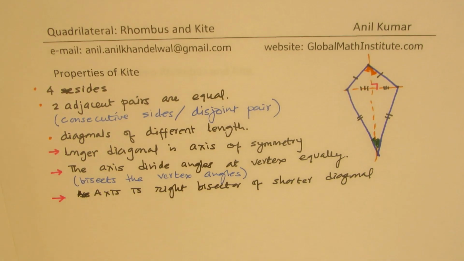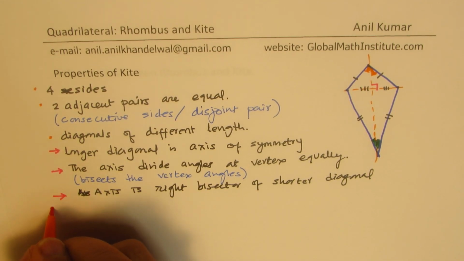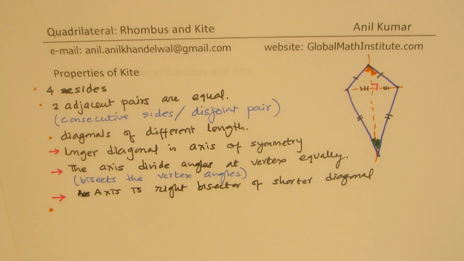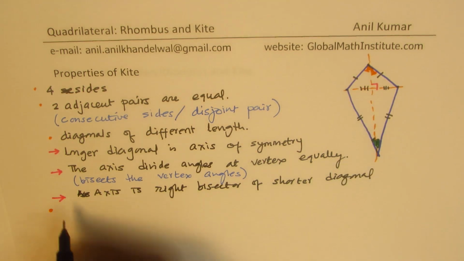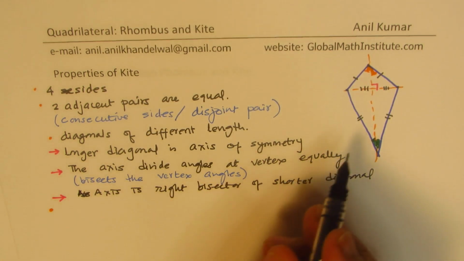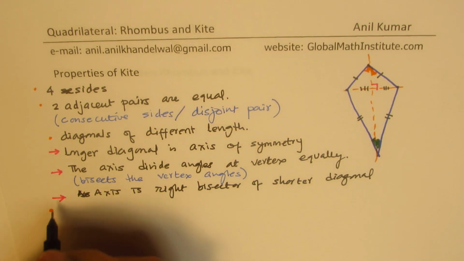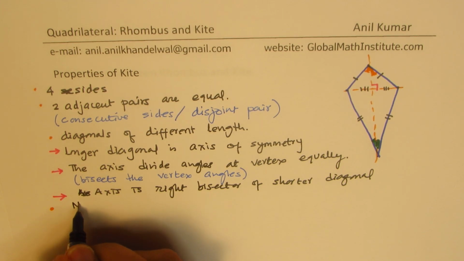Now let's talk about the rotational symmetry. It does not have rotational symmetry, right? If I rotate it within 360 degrees, it does not match its own position. So no rotational symmetry.